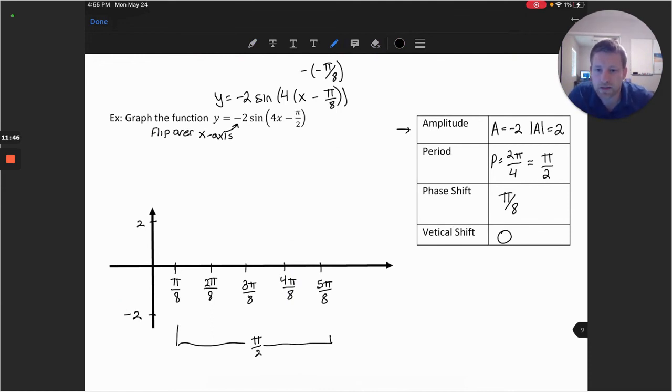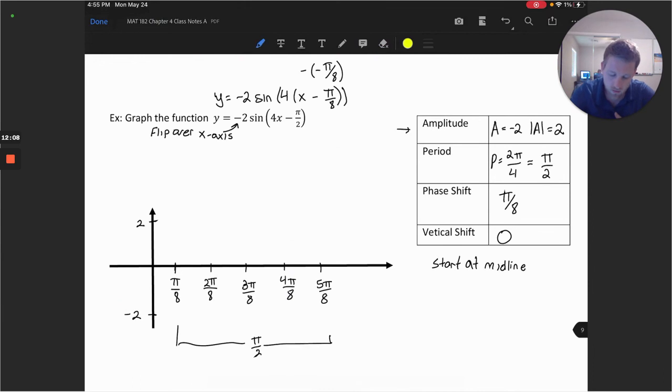Whenever I see a sine function that's negative, I always know that sine functions always start at the midline. And since we have a negative in front of our sine graph, we know it's going to be, again, flipped over the x-axis. So when we plot these points, we'll start at the midline where our phase shift was.